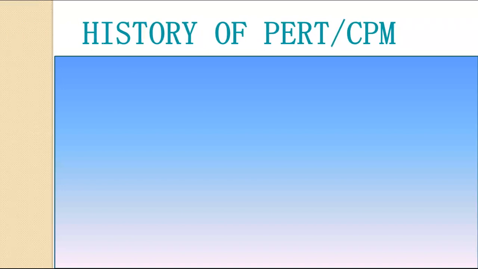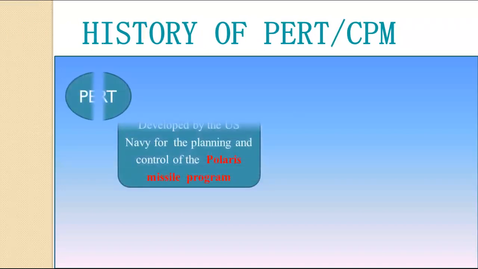Coming to the history of PERT or CPM, PERT charts were created in the 1950s to help manage the creation of weapons and defense projects of the US Navy. It was developed by the US Navy for planning and control of the Polaris missile program.